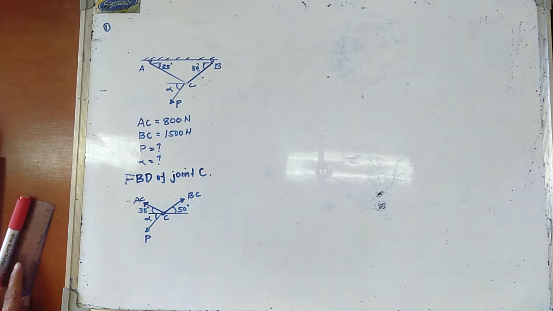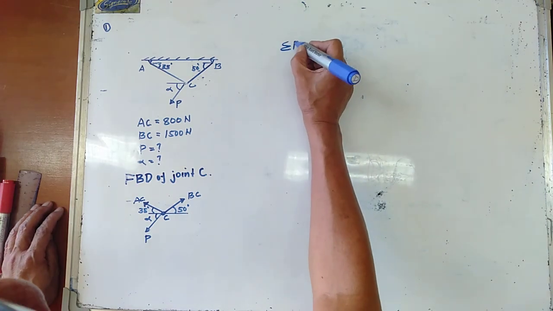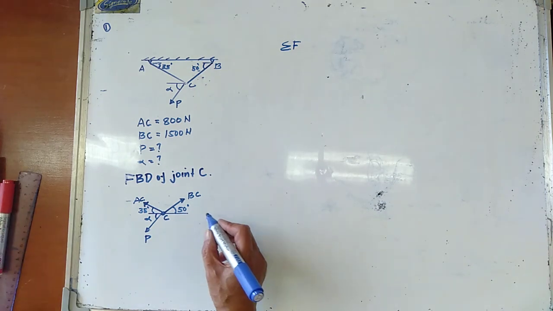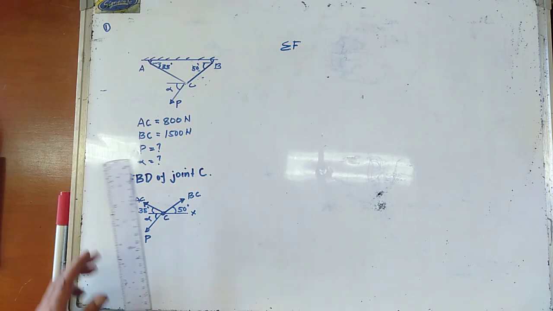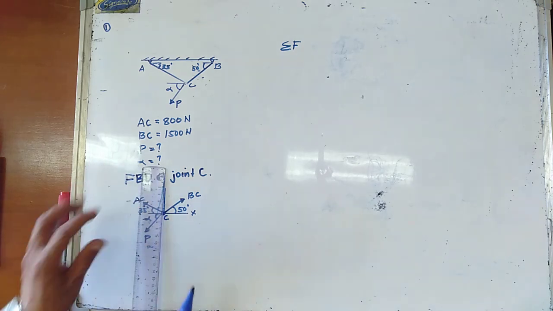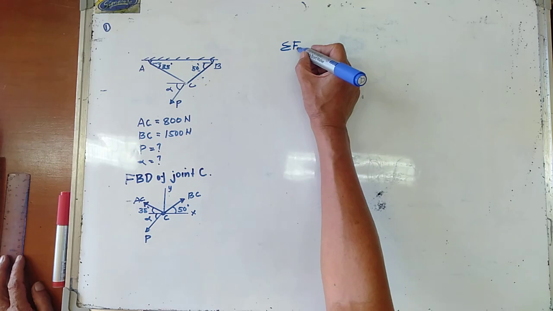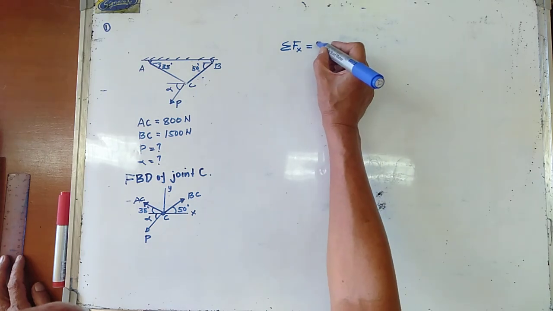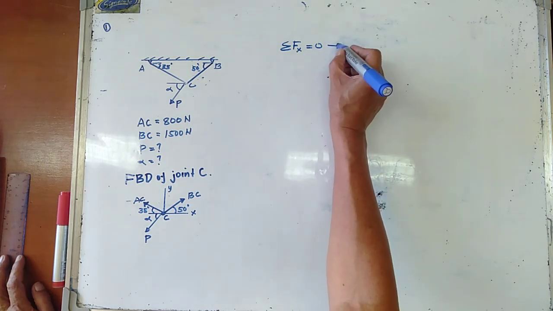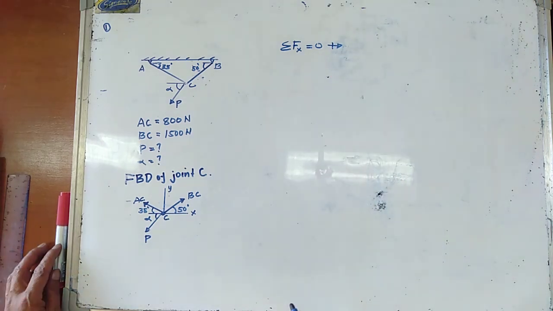Now from our equilibrium equation, summation of forces along the x-axis, I'm going to consider that as the x-axis, and let's consider this one as the y-axis. Summation of forces along the x-axis is equal to 0. To the right, forces positive.